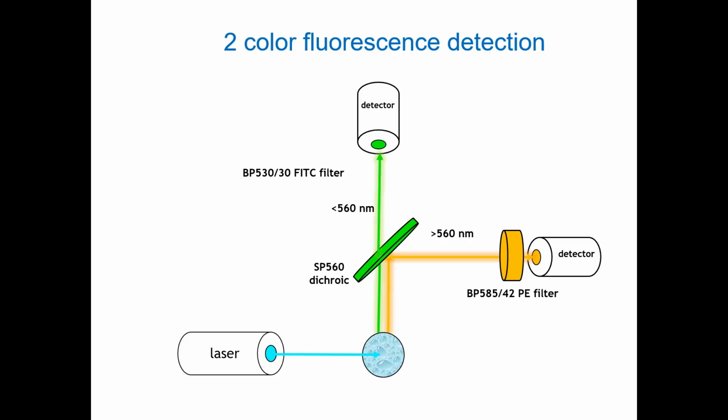If we look up here, where it's green, the wavelengths lower than 560 are passing through the dichroic towards the detector for FITC, which also has a bandpass BP 530/30 in front of it to refine the wavelengths to those corresponding to the optimal part of the FITC emission spectrum.